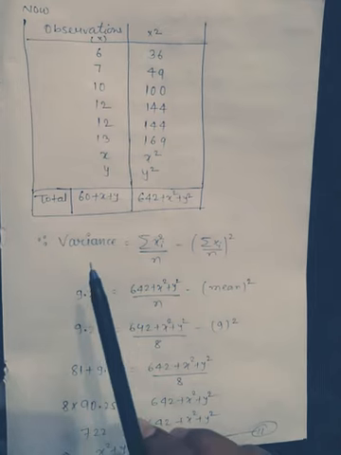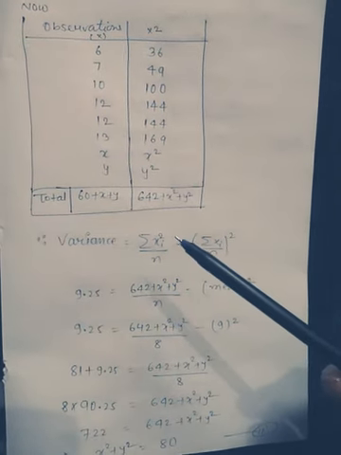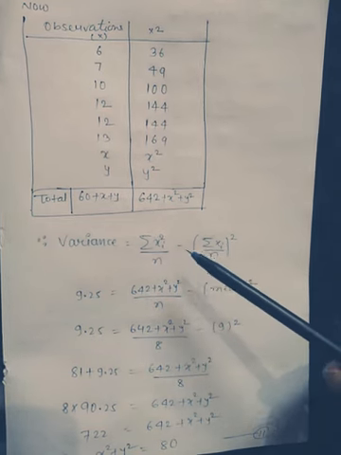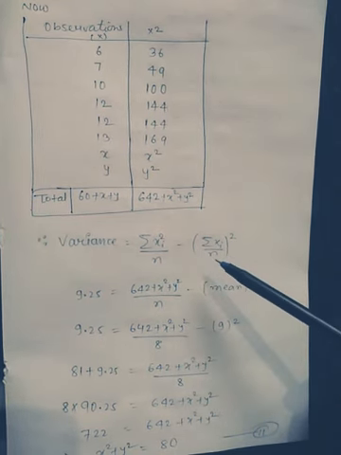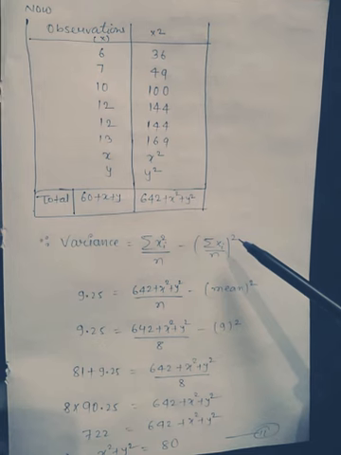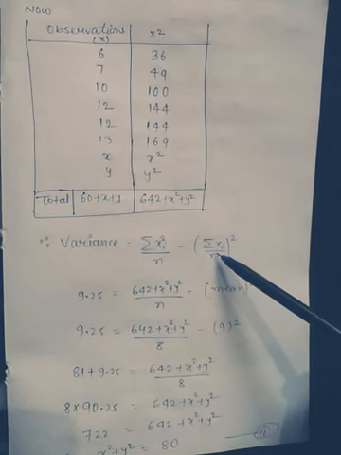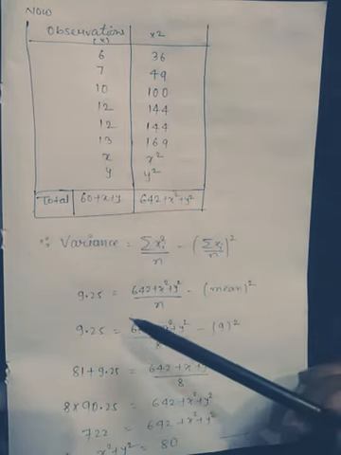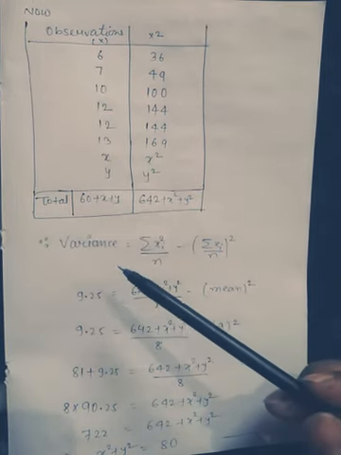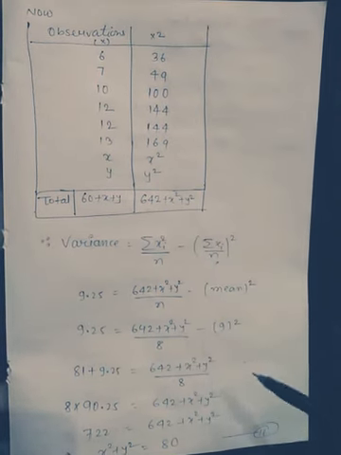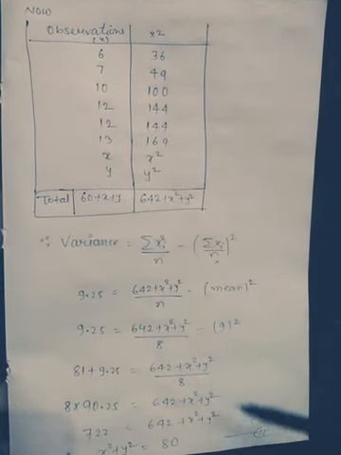Since variance is equal to summation of xi square by n minus summation of xi by n whole square, and this quantity is the mean, so 9.25, this quantity is replaced by mean, so this becomes mean square.